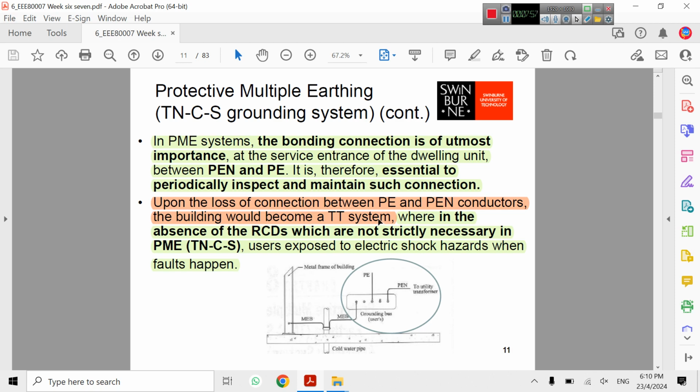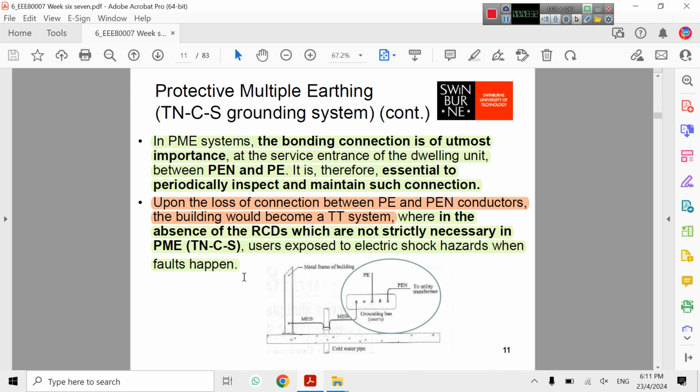In the case of disconnection of the PE or PEN, the system, or our home or unit, converts to a TT system, where in the absence of an RCD, which is not strictly necessary in TN-C-S, the user is exposed to electric shock hazard when a fault happens. So if we convert to a TT system, we need an RCD to protect.